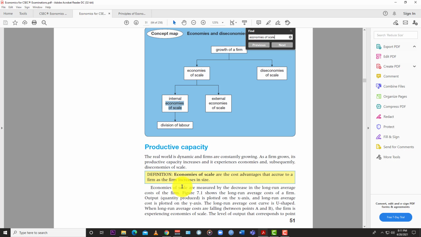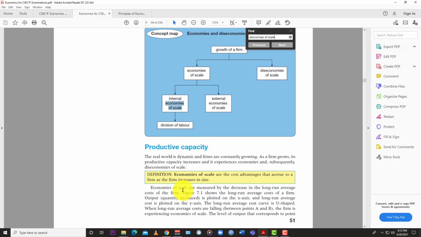So as the scale of production increases, the overall production cost, or the average cost of production, goes down. That's economies of scale. So as you produce more, as the firm grows, as it expands, your average total cost goes down.